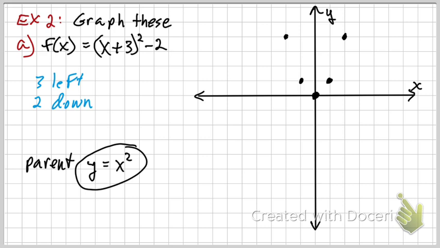Okay, so I'm just going to pick this leftmost point here. It's going to go 3 left and 2 down. So 1, 2, 3, 2 down would be here. So that means this little guy translated to there. Does that make sense?